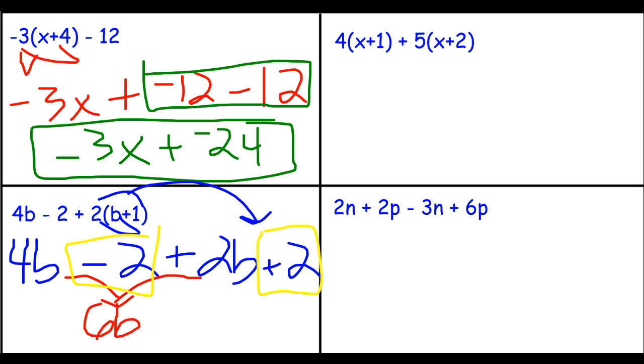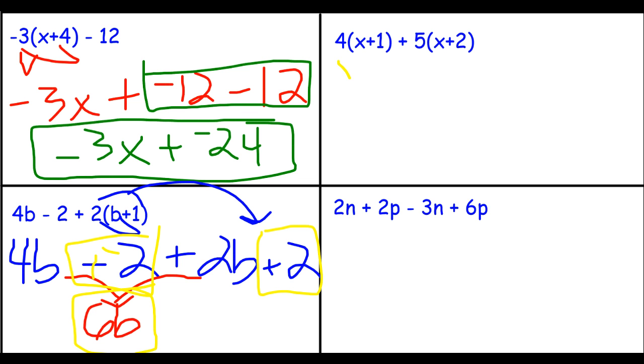So the 2 that's being subtracted is actually a negative 2, because subtracting 2 is the same as adding a negative 2. This is negative 2 plus 2, which is 0. So all we're left with is 6b. We'll go over processes like that more when you come into class. So if that wasn't entirely clear, that's not a big deal. We will work on lots of practice problems like that.